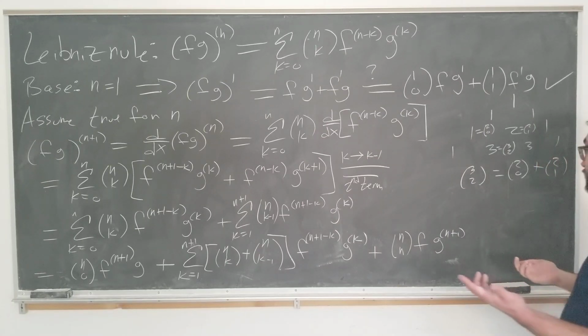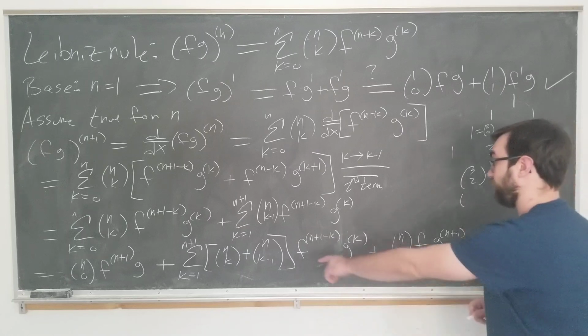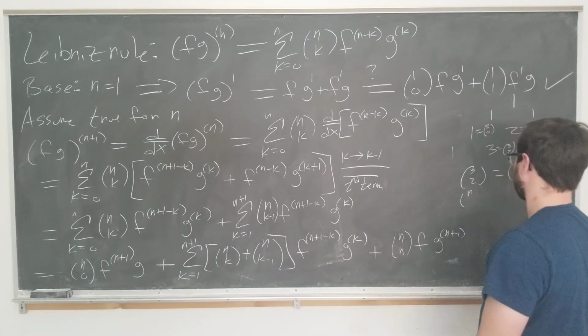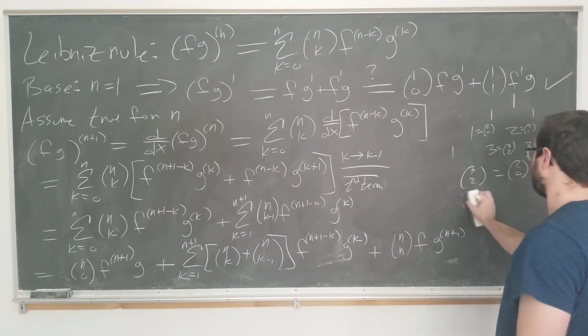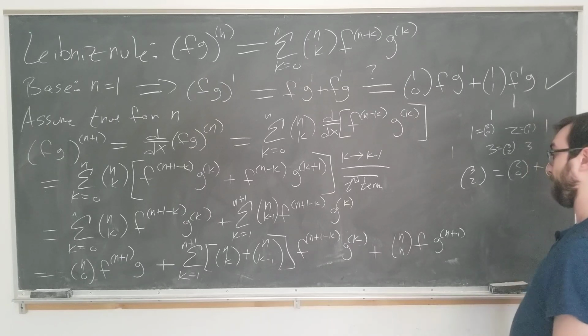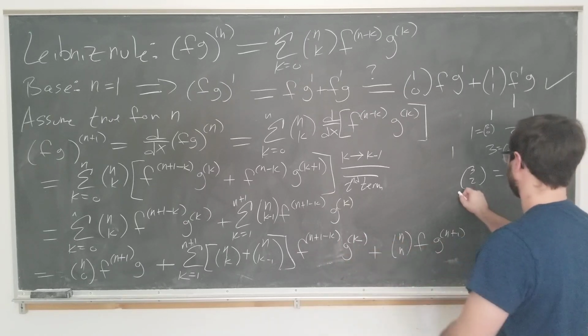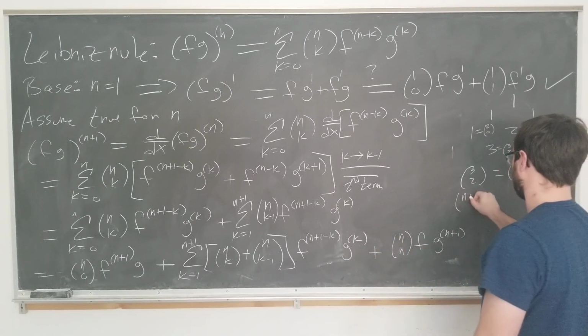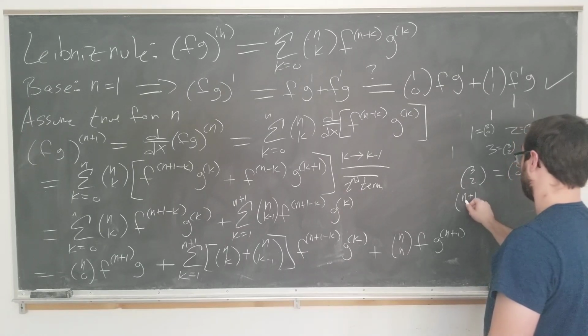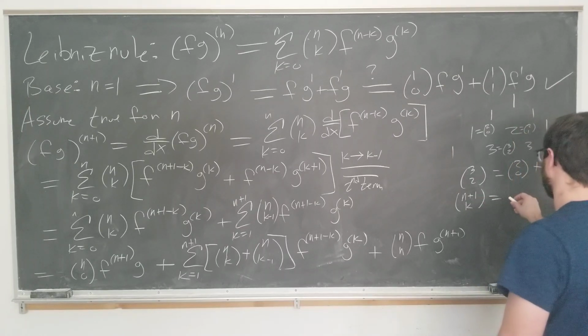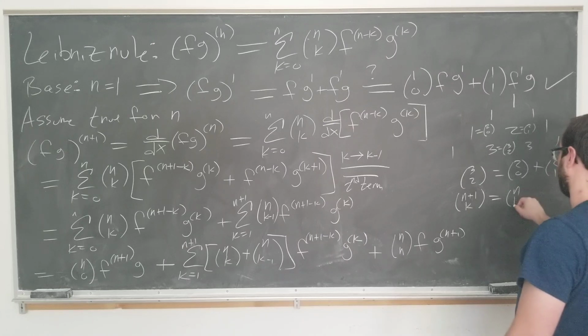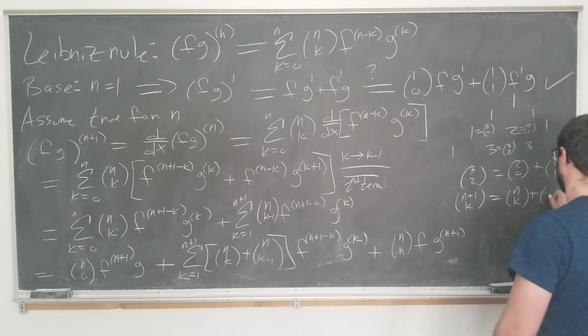which tells us how we can generalize this. Basically, for our situation here, n plus 1 choose k is going to be equal to what we had before: n choose k plus n choose k minus 1.